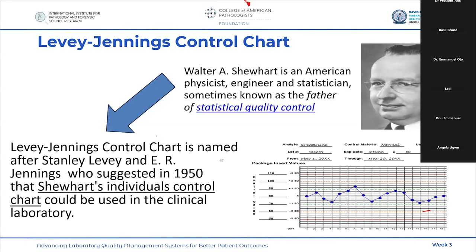What you do is that you are going to calculate for each run what we call a target value or target mean, and you have the plus or minus 1 SD, plus or minus 2 SD, and you decide whether your acceptable limit is at plus or minus 2 SD or plus or minus 3 SD.